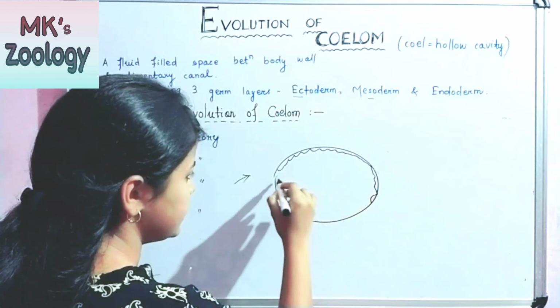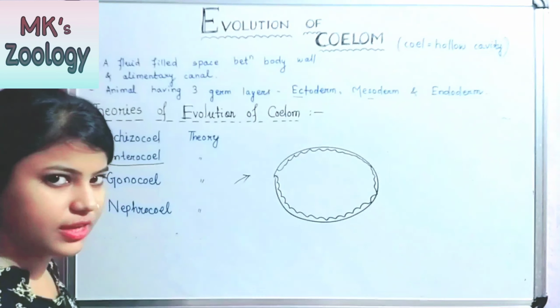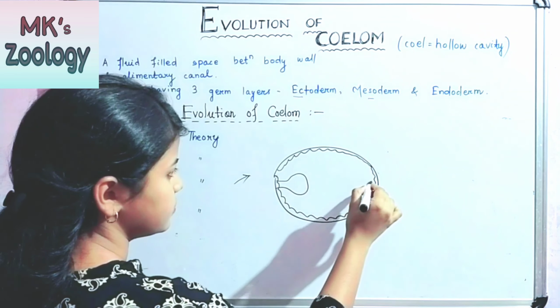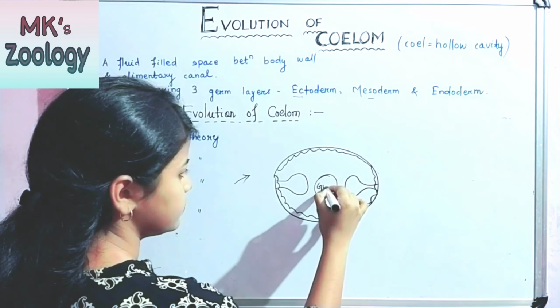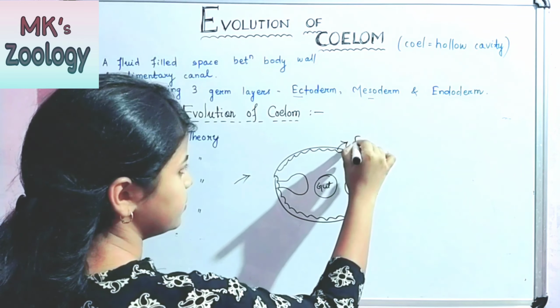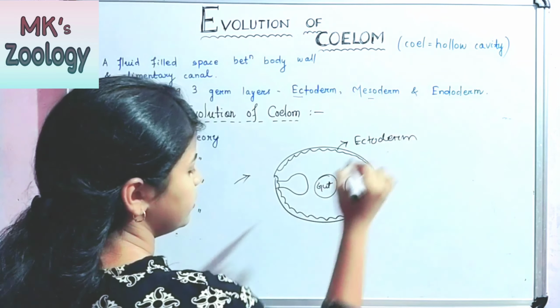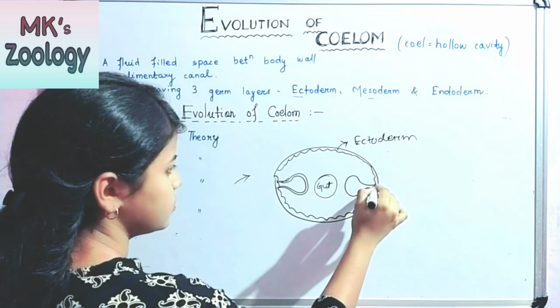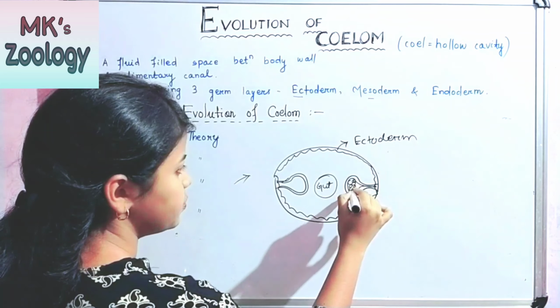These are ectodermal cells, and here this is your gut. This is your ectoderm, and this is your gonads, where gonadal cells are present.